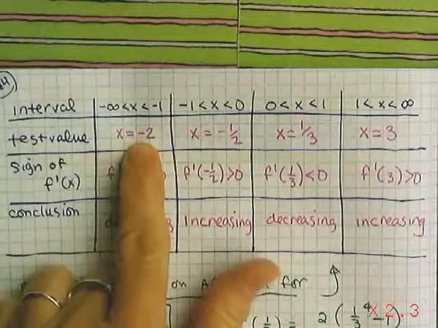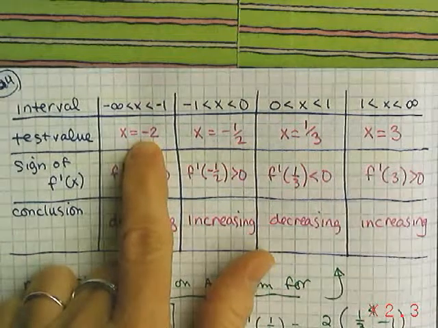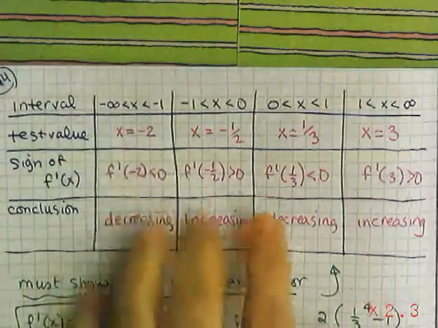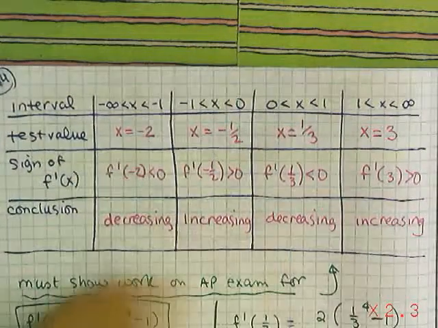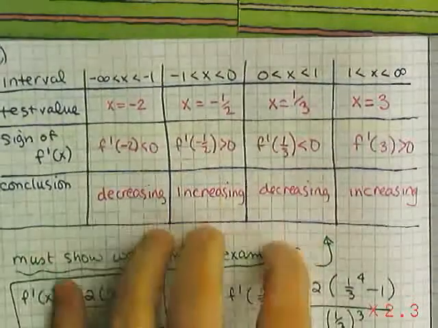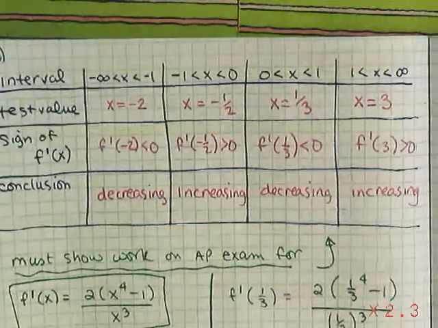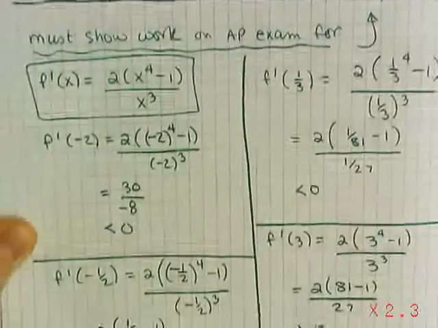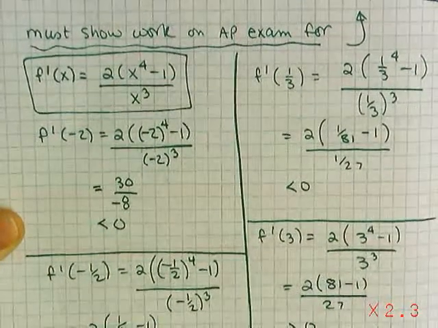Is -2 special? No. I could have picked -3, -4, -5, -5.626. But it has to be in this region. So look at this. This is the result of it. Copy this down and we can come back and look at it in a bit. This is the final thing of what you're doing, but you must show your work for all of that.